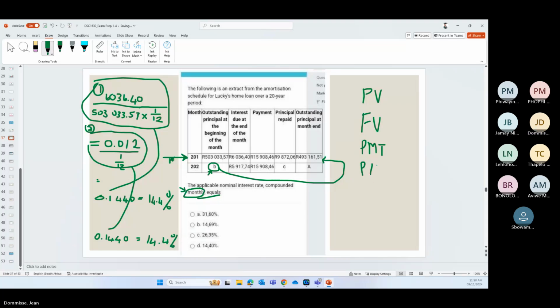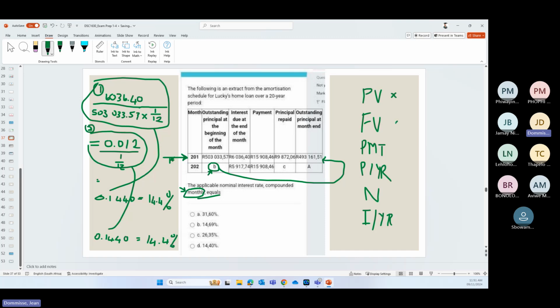And interest rate. Okay, so normally when we work out any question, we have all the information and we need to work out that one piece that's missing. Because they give us not the first or the last month of information, we don't know what the present value is.